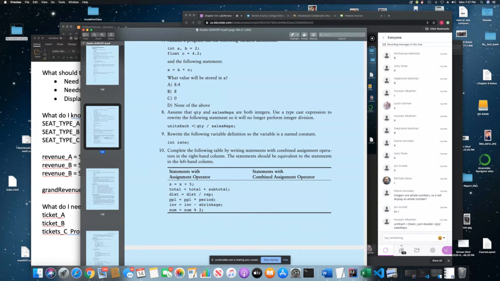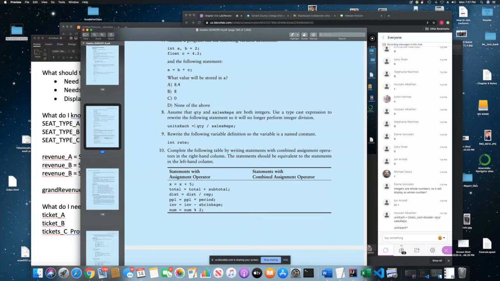Static cast, double, quantity. Yes. Granted, that's all lowercase static cast, but I know sometimes it automatically corrects it, but yes.